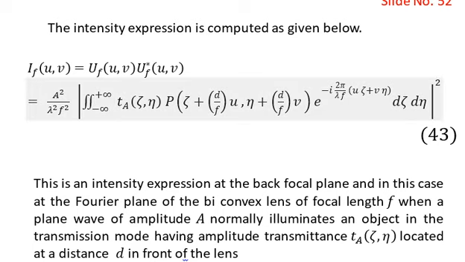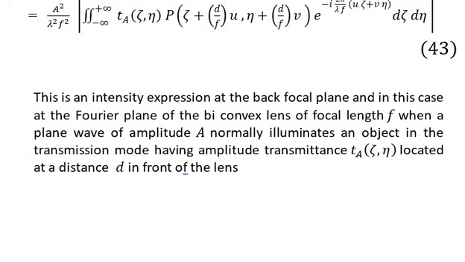So the intensity at the back focal plane is equal to A squared over lambda squared f squared, and the mod square of the integral going from minus infinity to plus infinity of t_A of zeta and eta multiplied by the pupil function, and then of course e to the power minus iota 2 pi over lambda f, within the parentheses we have u zeta plus v eta, and integration is with respect to zeta and eta.